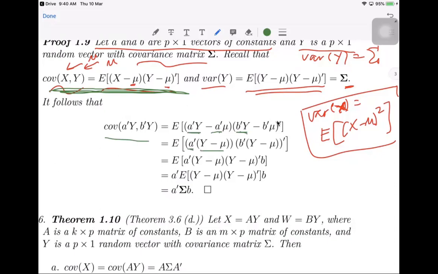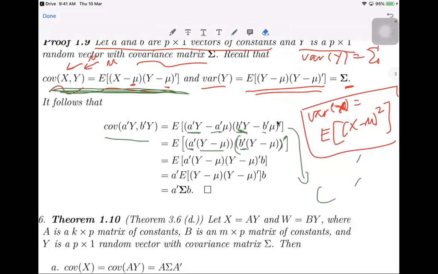And then in here, if you apply the prime, it will be equal to y minus mu prime, and the b prime is y prime prime.